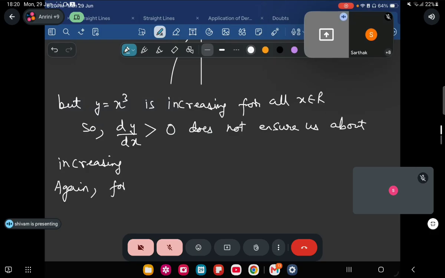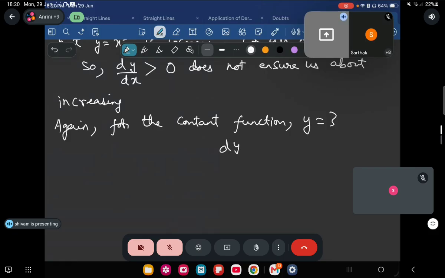Again, for the constant function y is equal to 3, you will get dy by dx is equal to 0. And we can say 0 is greater than or equal to 0.